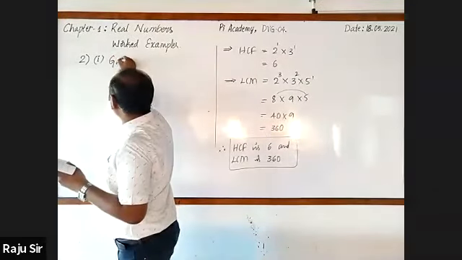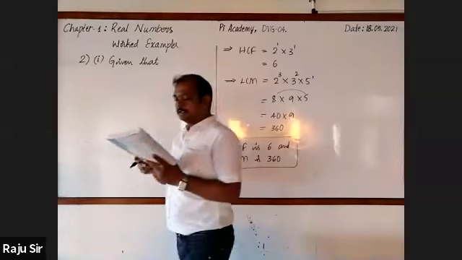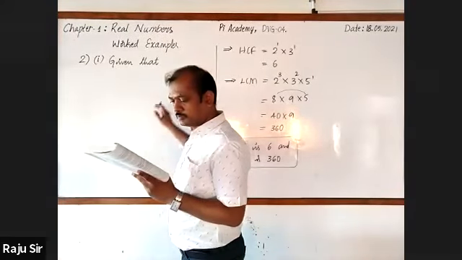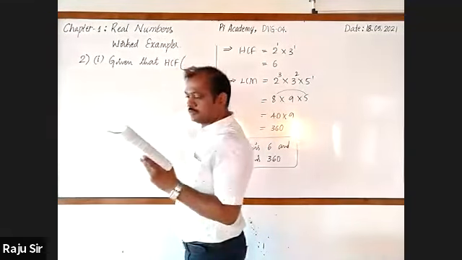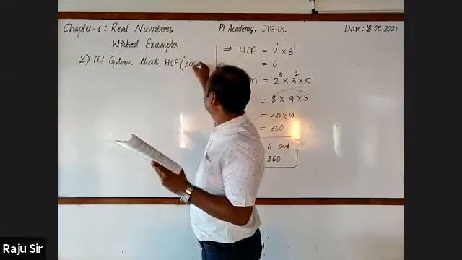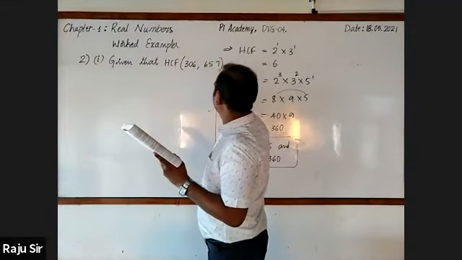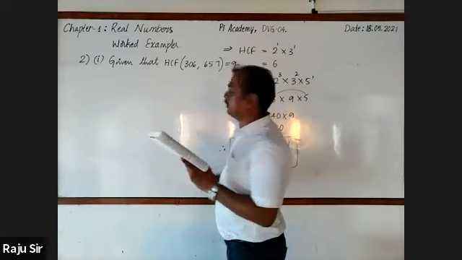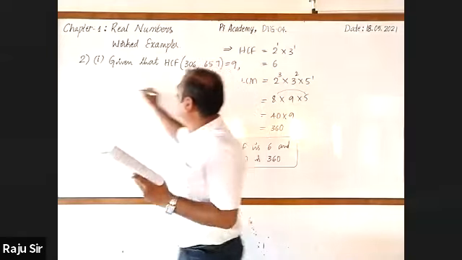Given that HCF of 306 and 657 is equal to 9, comma.